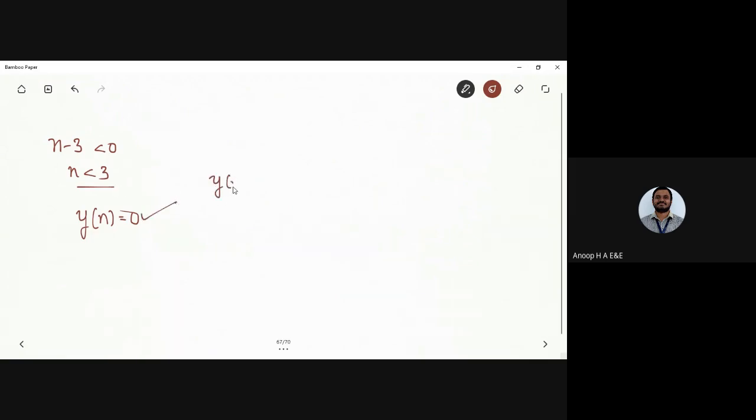What I mean by that is y of n, that would be equal to sigma k equals minus infinity to plus infinity, x1 of k and x2 of n minus k. So that value will be equal to 0 there, and I have y of n equal to 0 for n minus 3 less than 0, that is n less than 3. So for n less than 3, I have output which is 0.